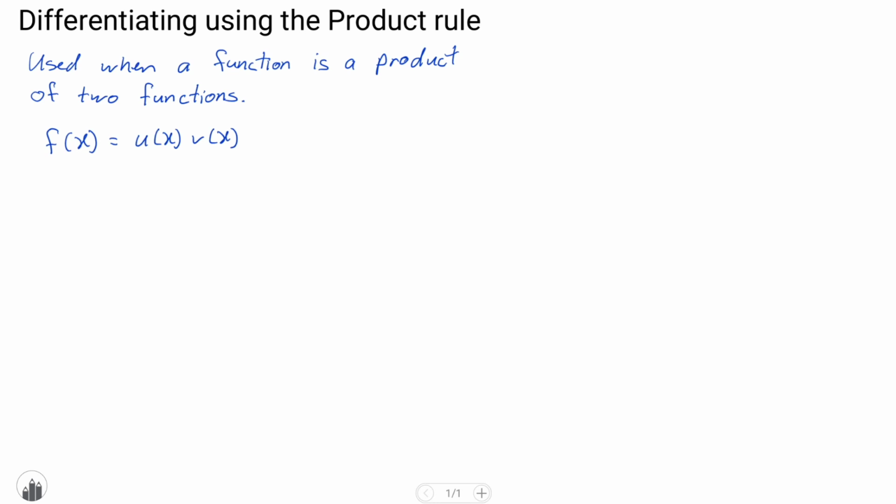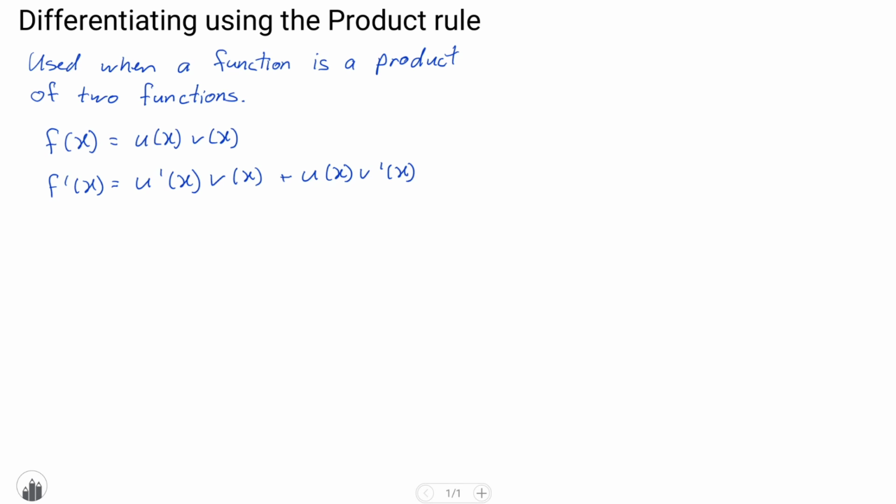just like that. So if this is the case, then your derivative of this whole thing is going to be the following. It's going to be u dash x, or the derivative of u of x, times the original function v of x plus the original function u of x times the derivative of v of x.